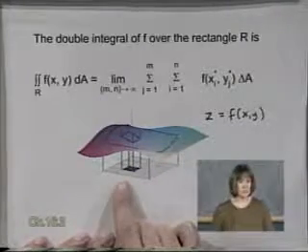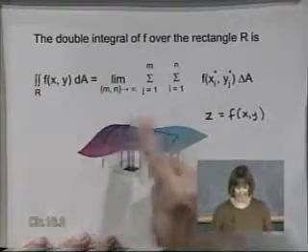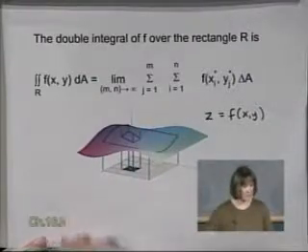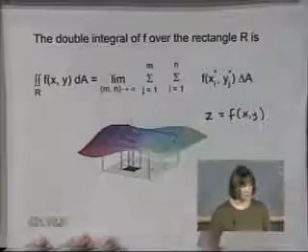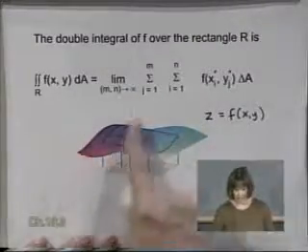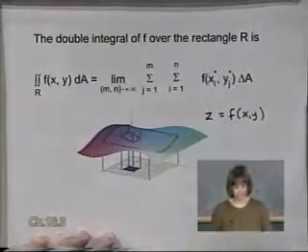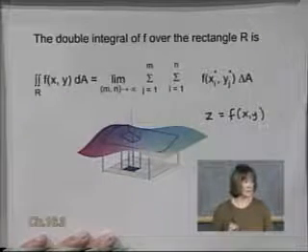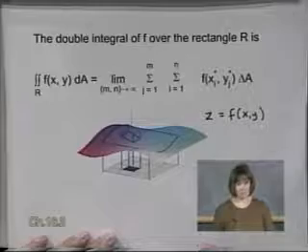What we actually want to do is think of this as a tent. The sides going perpendicular up along the rectangle are the sides of your tent, and your rooftop is the surface. And we want to come up with some way that we can find the volume underneath the tent. You with me? The volume underneath the tent.